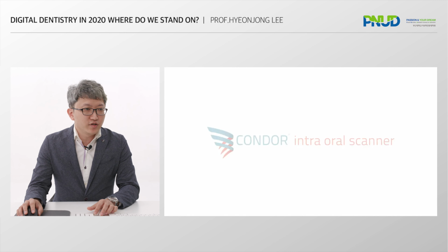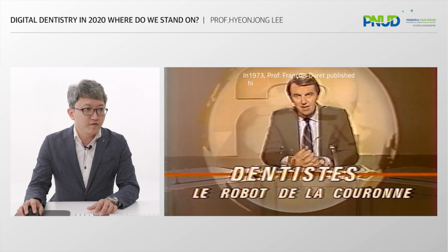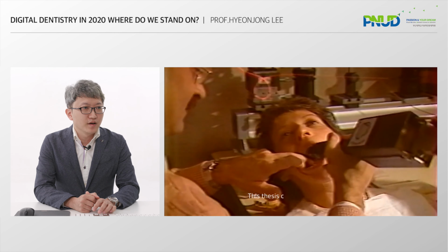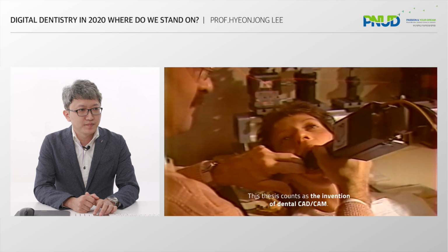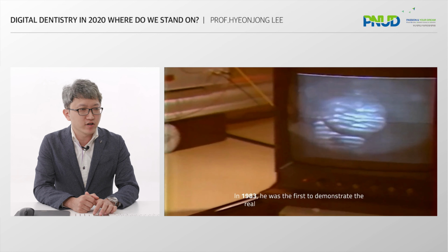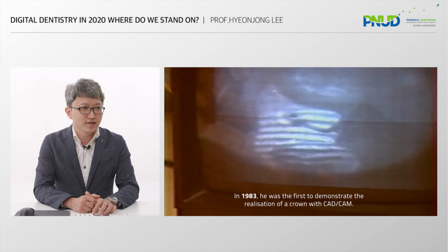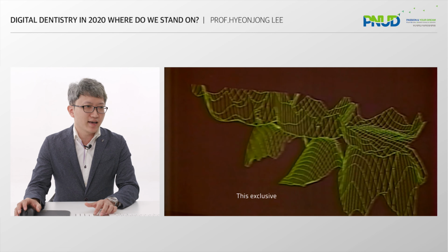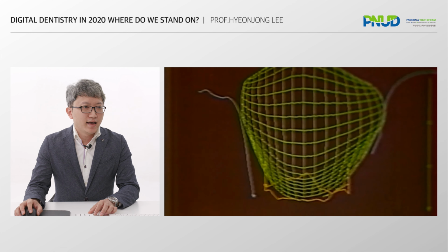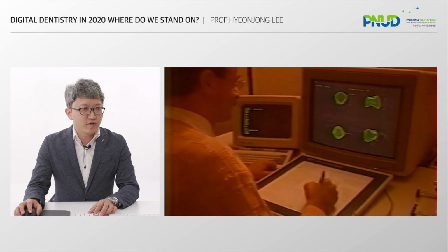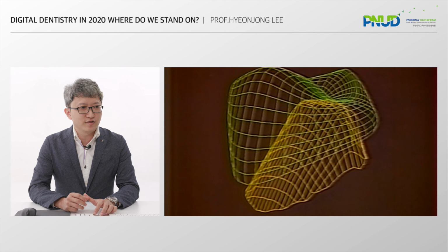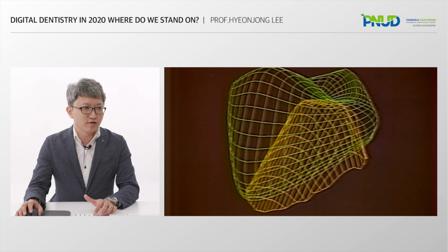Let me show you. This movie shows the first moment of CAD/CAM dentistry. This was the first intraoral scanner, and as you can see, it's really big and heavy. At that time, the CPU and computing power were not that good, so it was really slow.